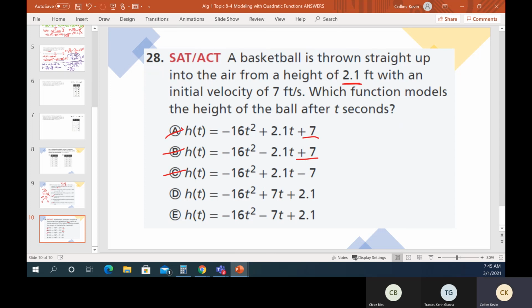Okay, so notice these guys are all the same. Again, this is the force of gravity. This is our initial velocity, and this is our starting point. So we know our starting point is 2.1, so we got to be D or E, right? Okay, so one of them has +7, one has -7. So should we use D or E?